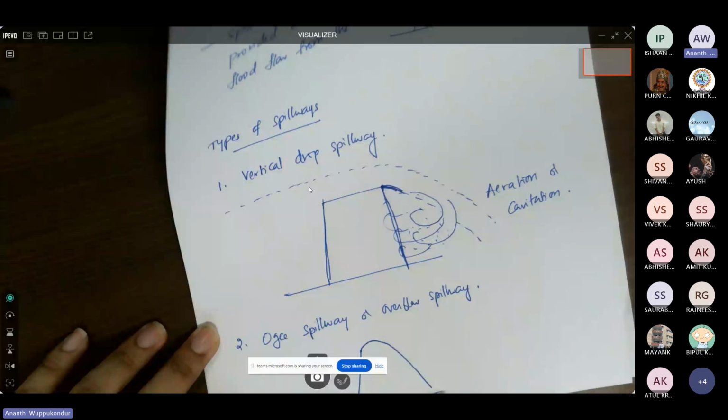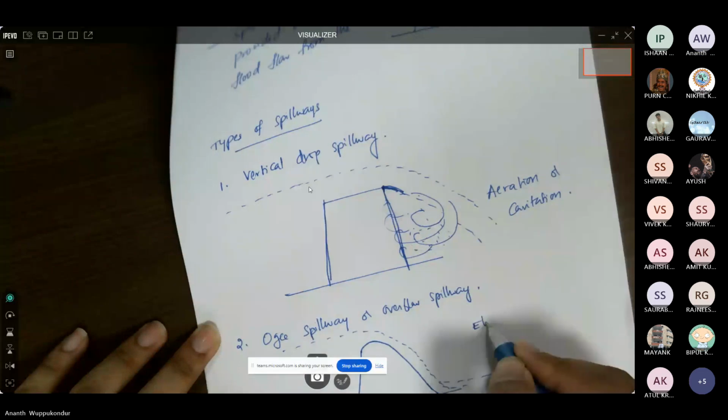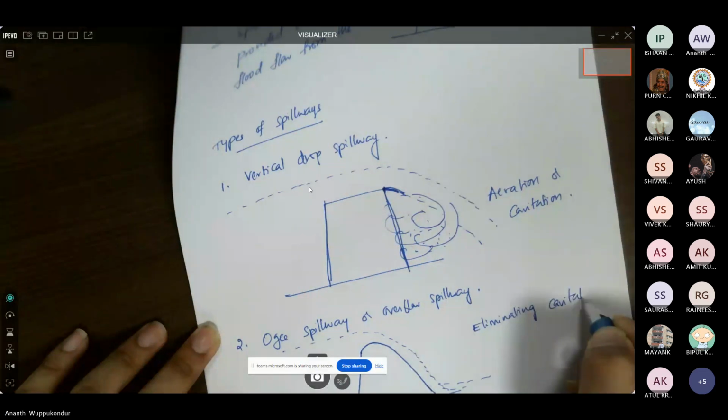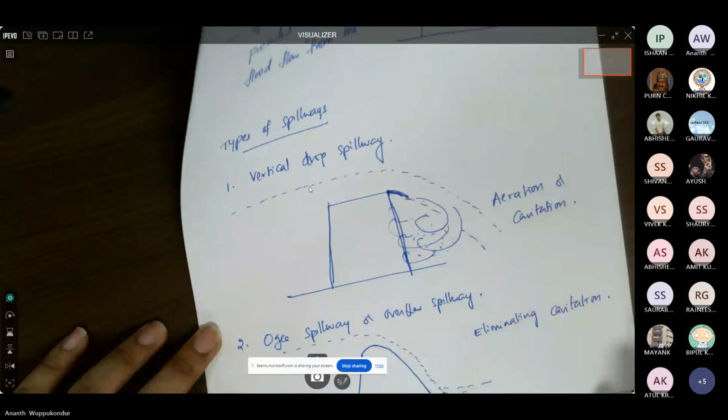So for this, we have provided a curved surface. So now if there is overflow, that is going to follow the downstream face. So essentially, we are eliminating the cavitation. This is the ogee spillway.